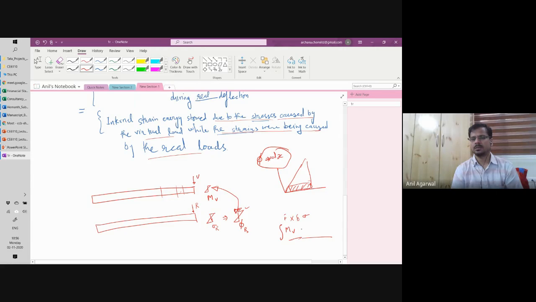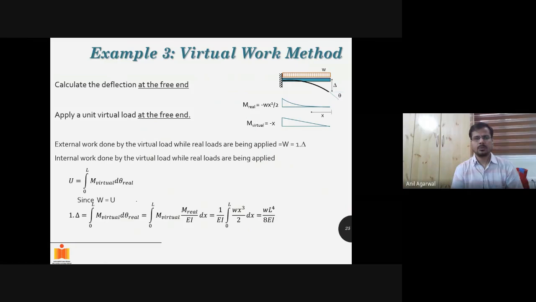I often write that as dθ. You can go back to the textbook and find the explanation for that. So that is the strain energy term.